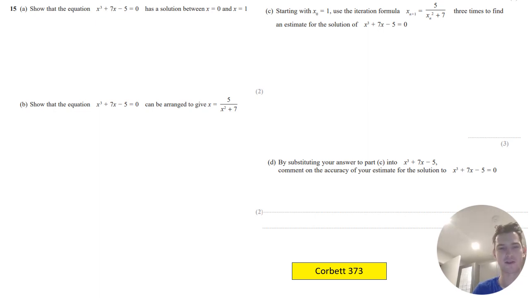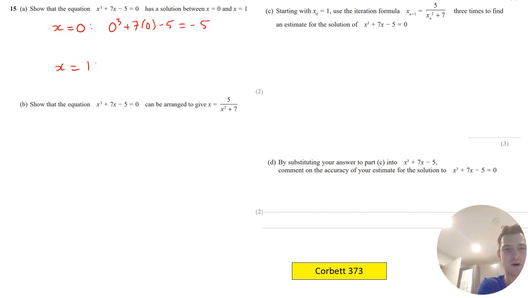So part A, show that the equation has a solution between x equals 0 and x equals 1. To do this, you're going to do x equals 0 and x equals 1 and plug that into your equation. So 0 cubed plus 7 times 0 minus 5 gives you minus 5.